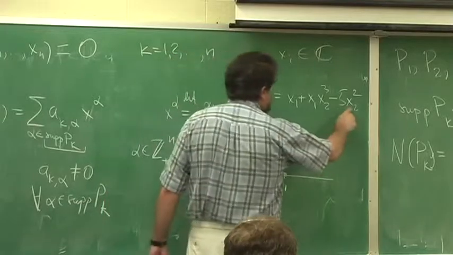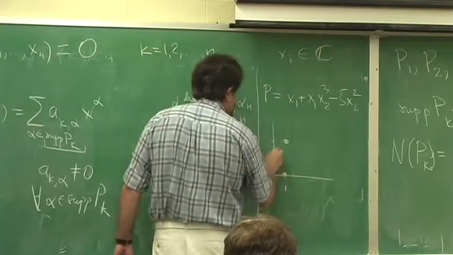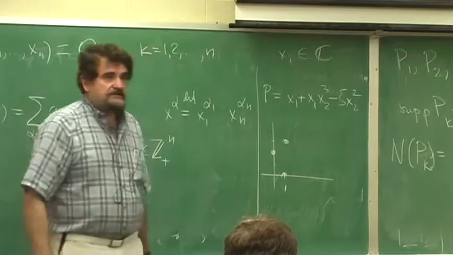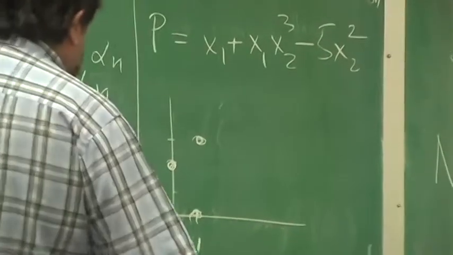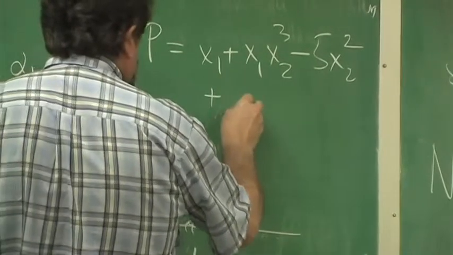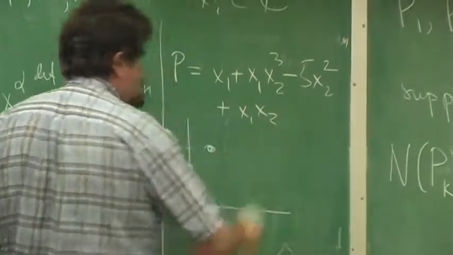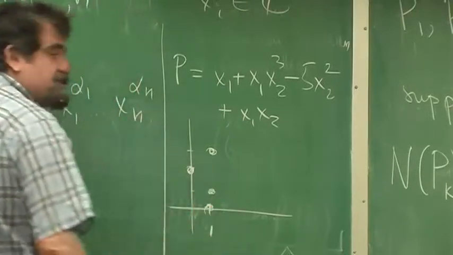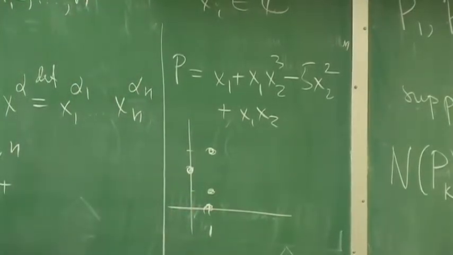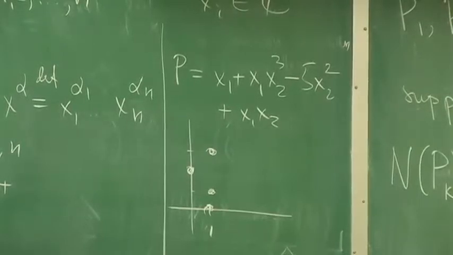And here the power is 0, 2. So the support consists of 3 points. Let me add something, for example, x1 x2. I am adding this point. Support consists of 4 points now.